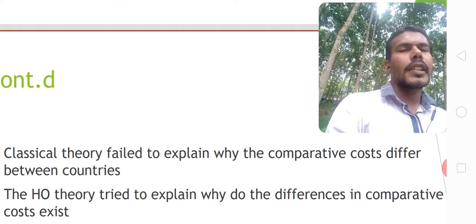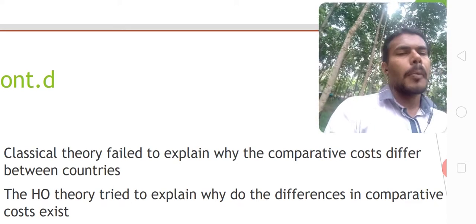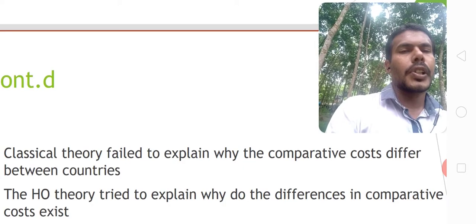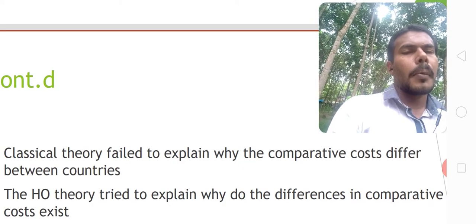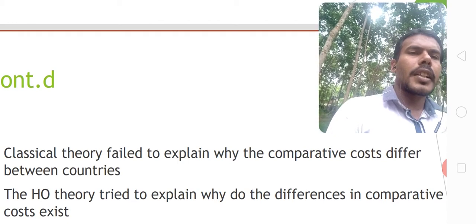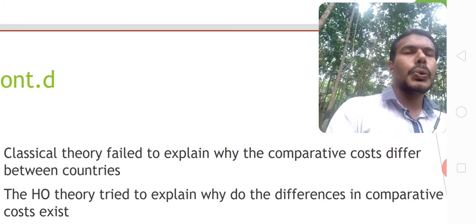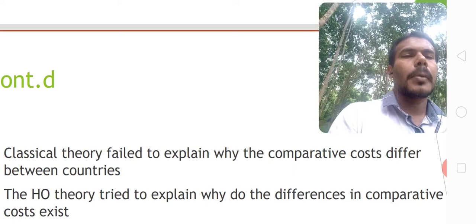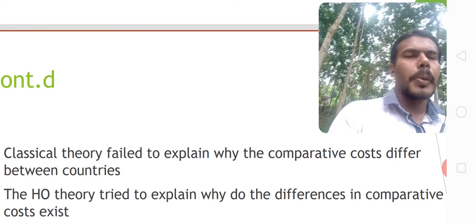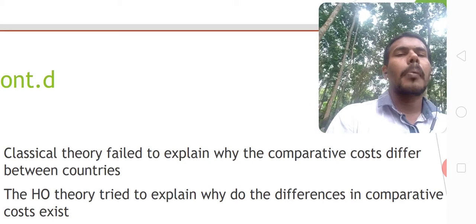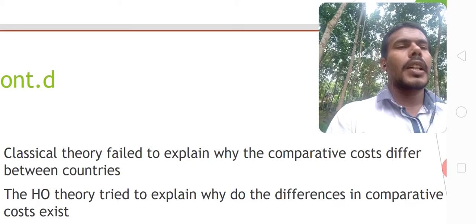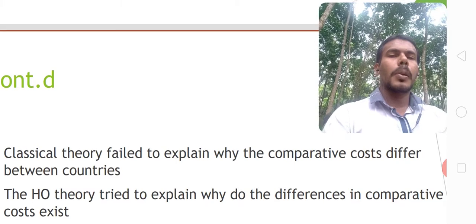That deficiency was fixed by the modern theory of trade. As per the Heckscher-Ohlin theory, or modern theory of trade, the differences in comparative cost between two nations are determined by the differences in factor proportions or factor abundance. That is the major contribution of the theory.